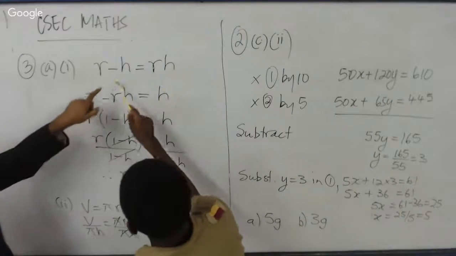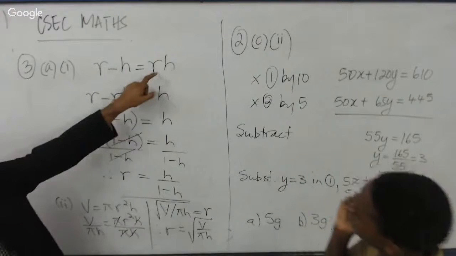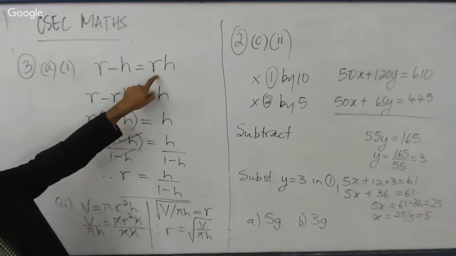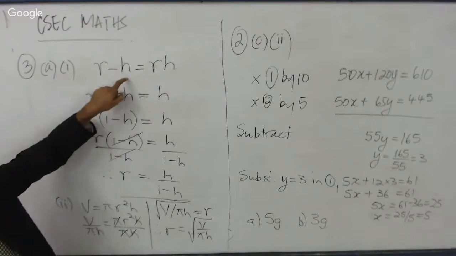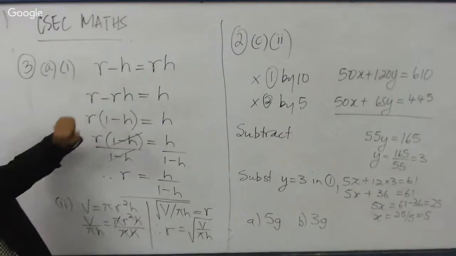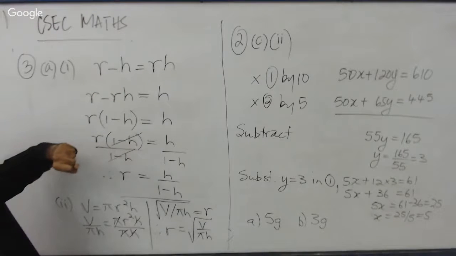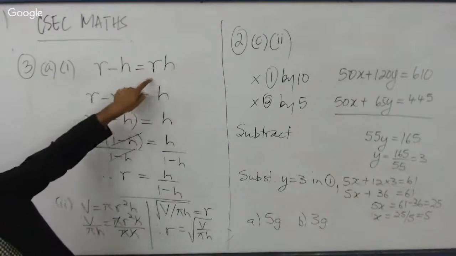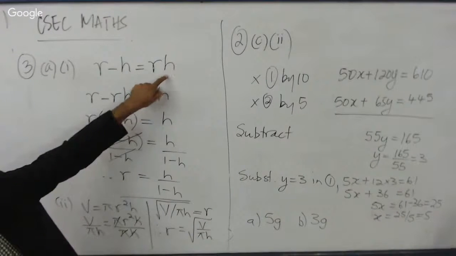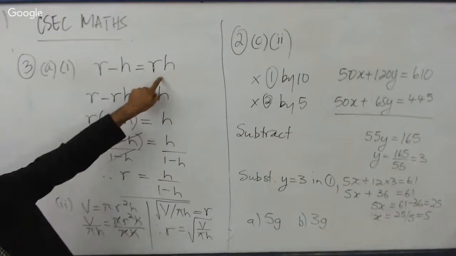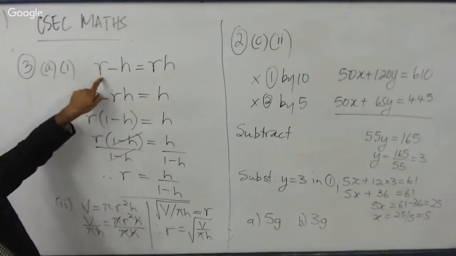Good question. If you divide this over R to get rid of the R here, you're going to end up with the R on the other side. Whatever you do to one side, you have to do to the other side. So if you divide this side by R and you get H, you have to divide this side by R.